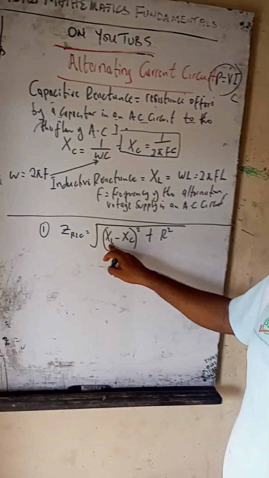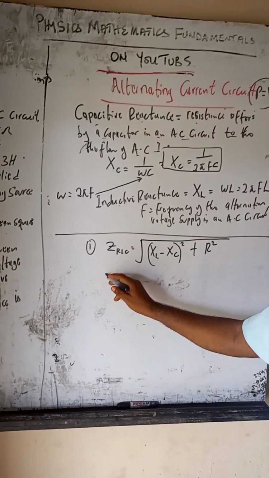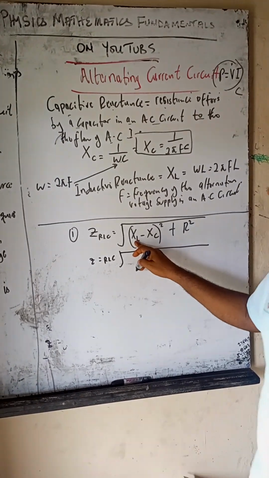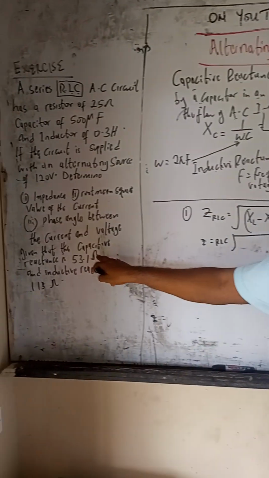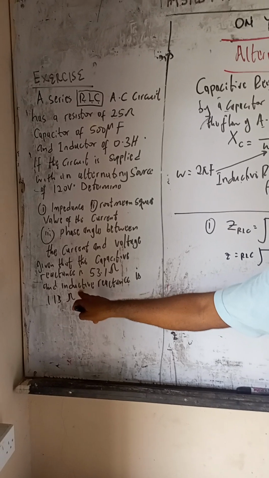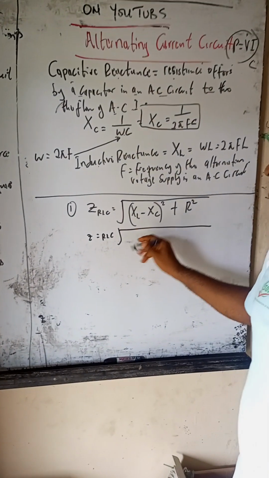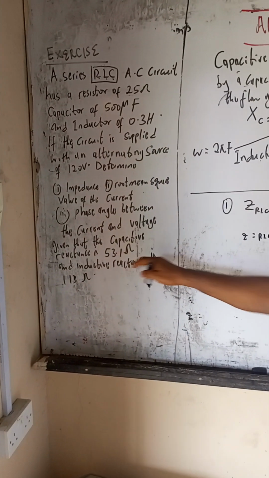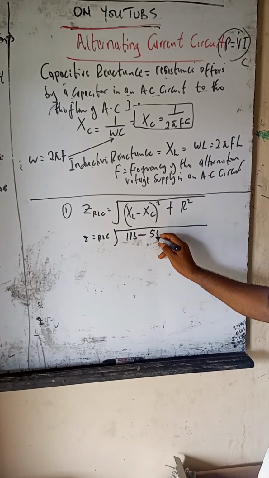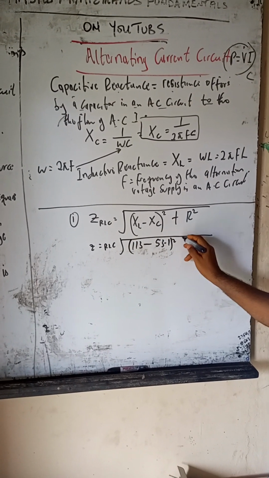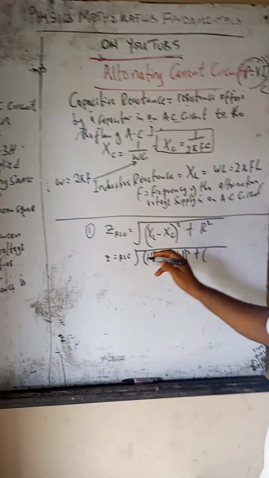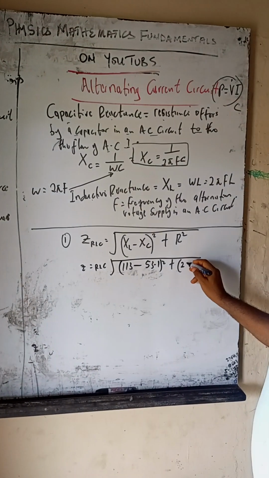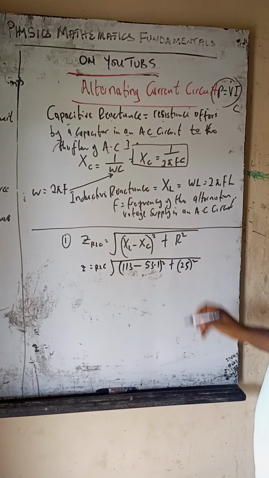Now, we have been given the values for XL and XC. So Z of the RLC circuit will now be the square root of the XL here. We are given capacitive to be this and inductive to be that. So inductive is 113, take away the capacitive, which is 53.1, that's (113 minus 53.1) squared. Then plus the resistor that we are given there, so we have 25 squared.